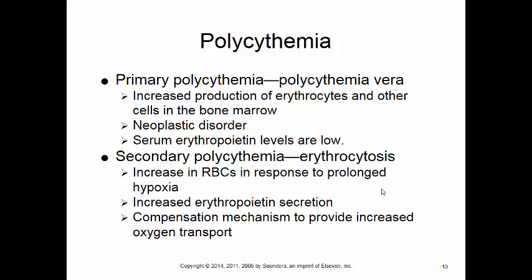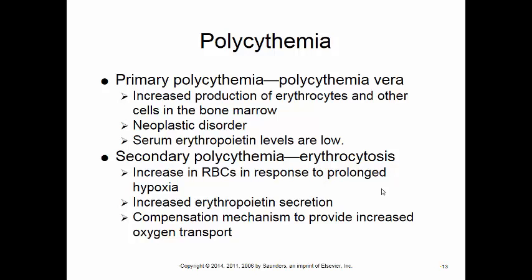It means it's just making more and more, and it's not responding to the hormonal controls. So the bone marrow is making it regardless. It's not following the hormonal controls like erythropoietin for the red blood cell production. So the hormonal levels are low, but we're still making too much.